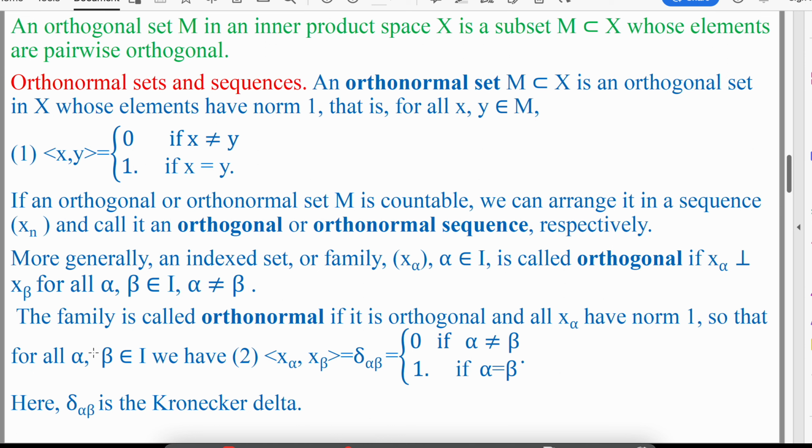So that for all alpha, beta belonging to I, we have inner product of x_alpha with x_beta equal to 0 if alpha is not equal to beta and 1 if alpha is equal to beta. We also denote it by delta alpha beta, which is called the Kronecker delta.